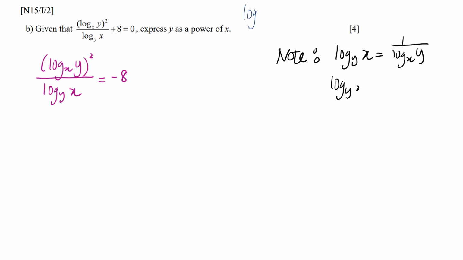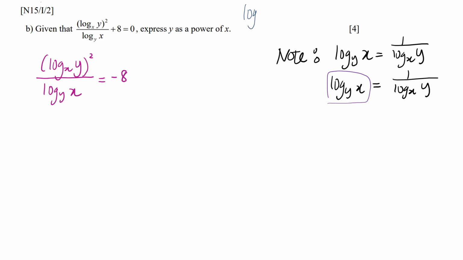Yes. Okay, this recap here, to remember the shortcut, is very useful. So basically I'm just going to change this one: log x base y equals 1 over log y base x. Okay, why do I want to do that?